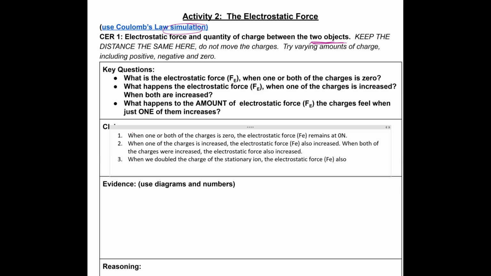It increased by 2 times as much, so it will say that it also doubled.